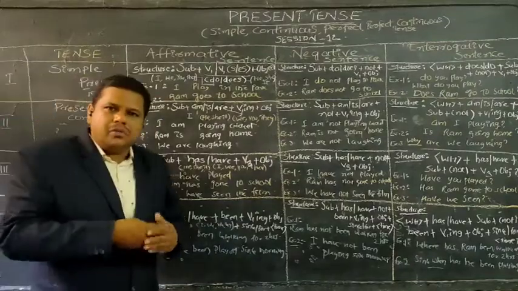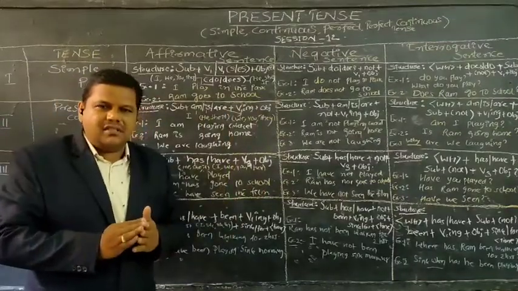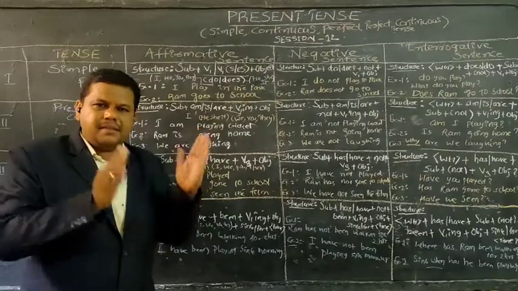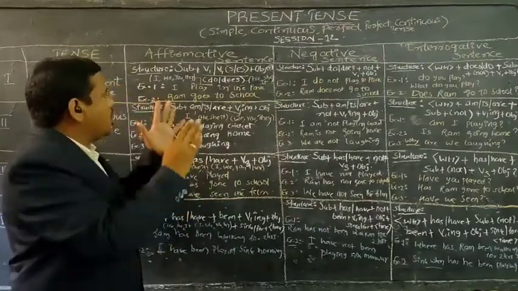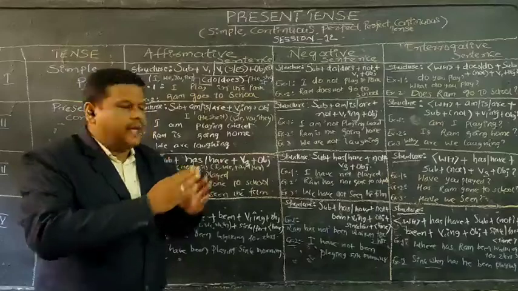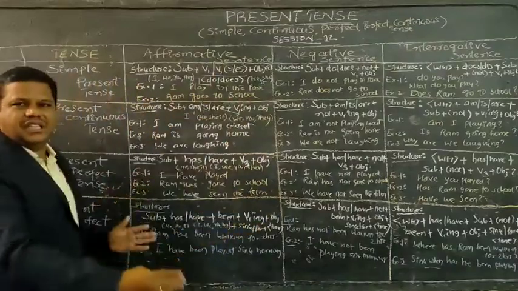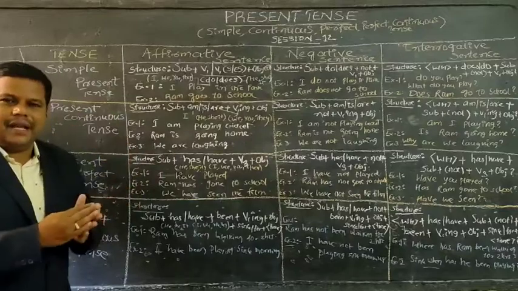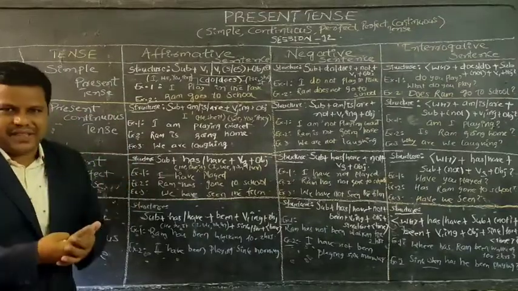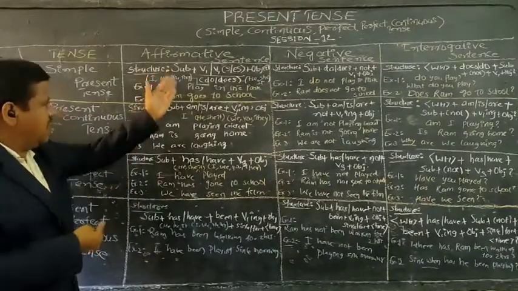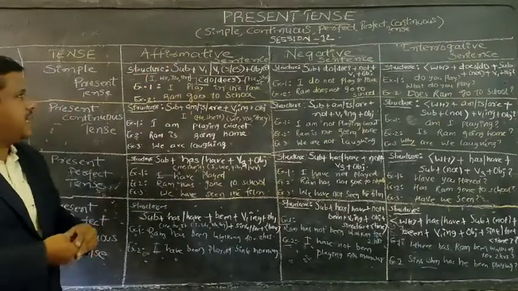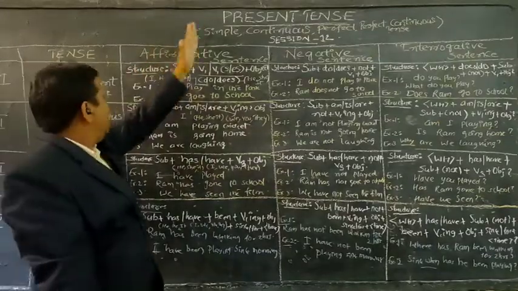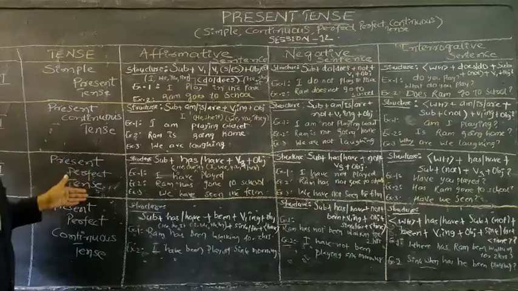But to make an overview of all these sessions, today in this session we are just talking about present tense, and with this tabular form you can easily understand and you can write a number of examples following this chart.